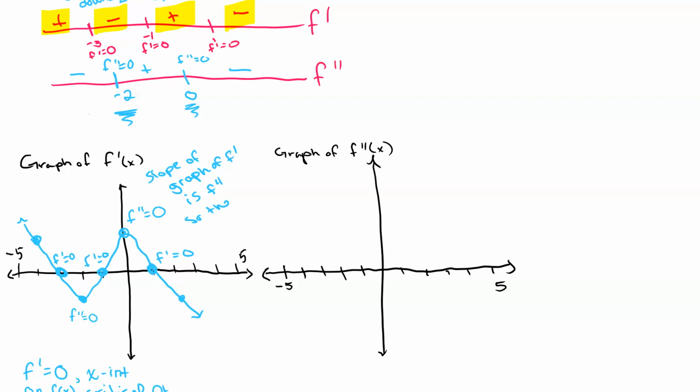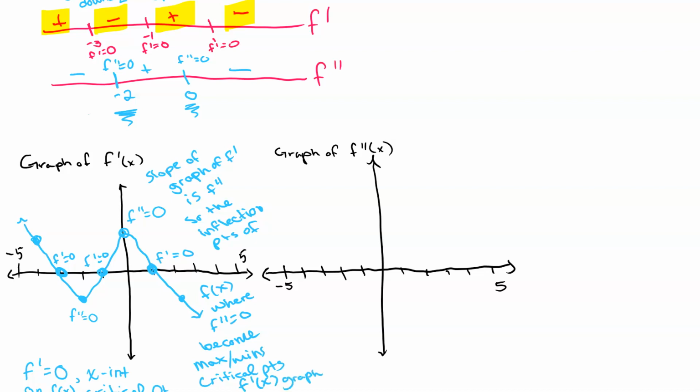So the inflection points of f of x, remember those are where our second derivative equals 0, become maxes and mins, or just general critical points on the graph of the first derivative.